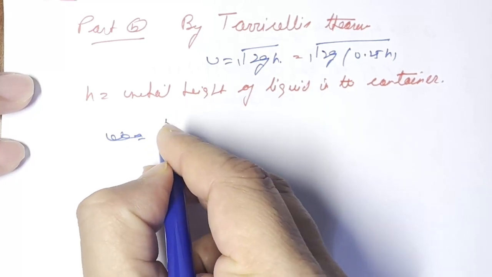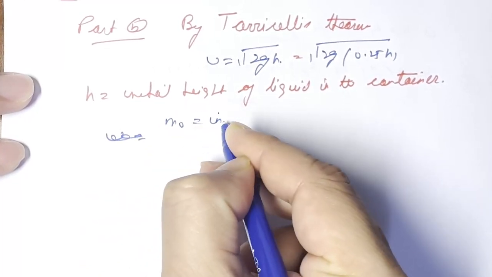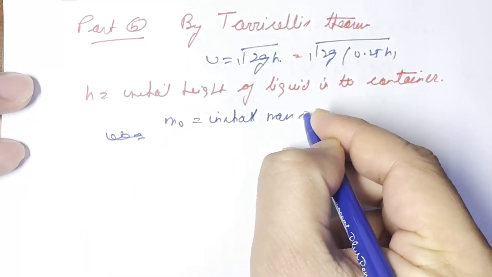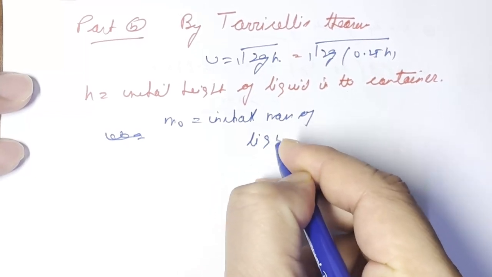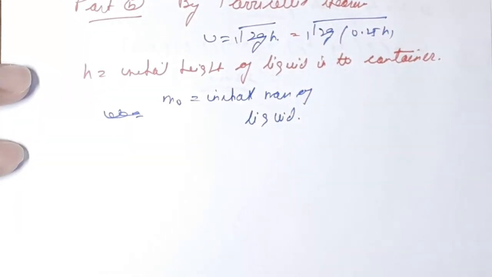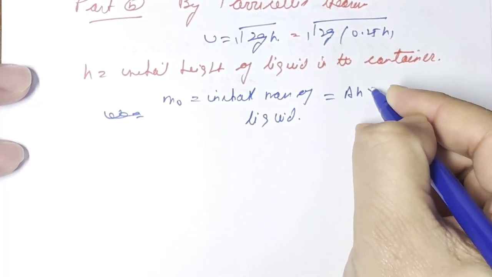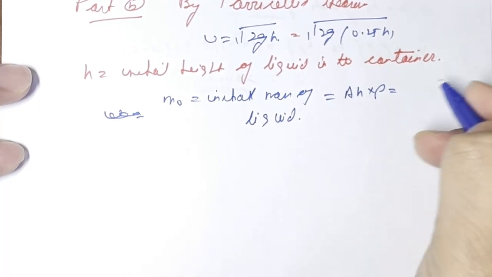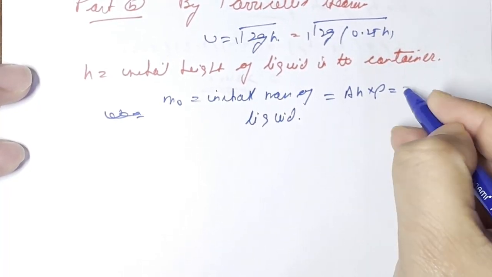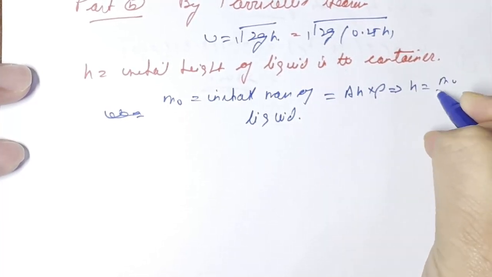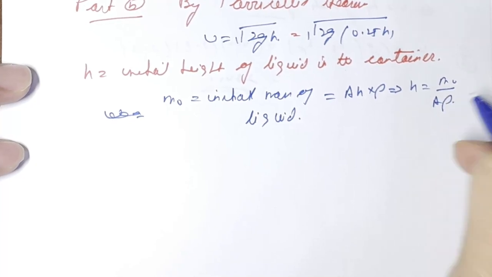And M naught was the initial mass of liquid. So this initial mass of liquid, M naught, can be written as A multiplied by initial height multiplied by its density, and h we can write further as M naught divided by A multiplied by rho.